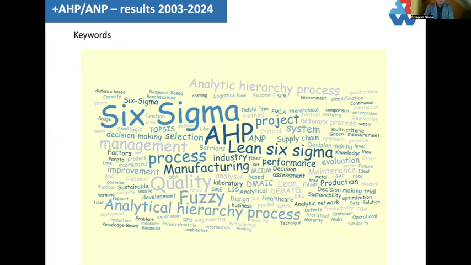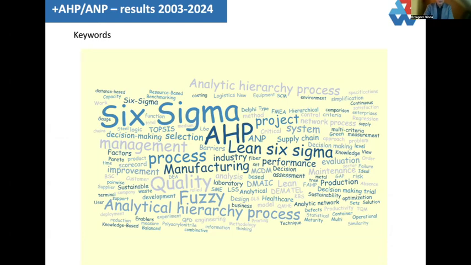Okay, so from the word cloud of keywords, we can see that Six Sigma is basically applied alongside AHP in project management, in lean application, in manufacturing, but also in different areas like health management, for example, or mathematical sciences.